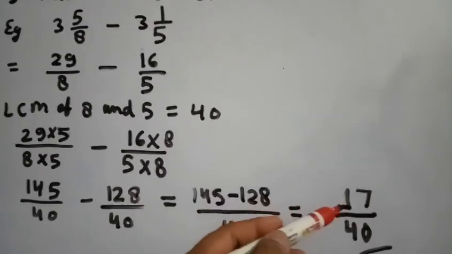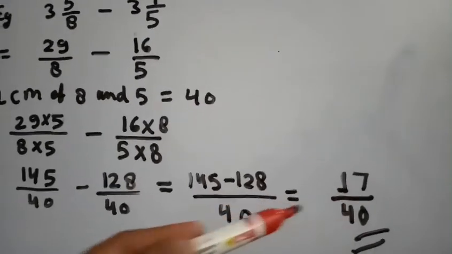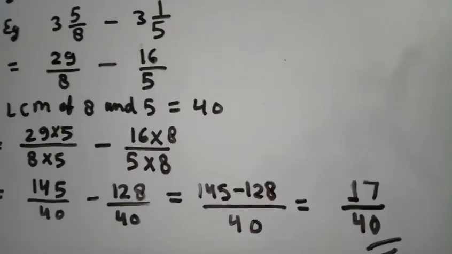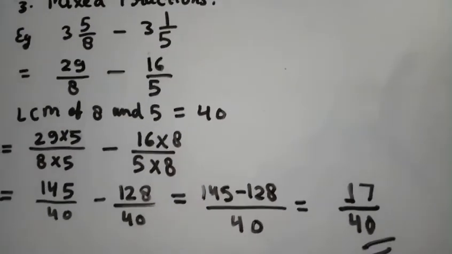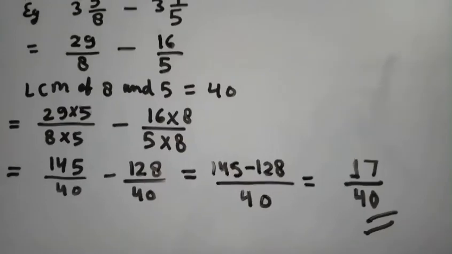And 17 is a prime number, so this is in its simplest form. Then no need to convert into lowest form.